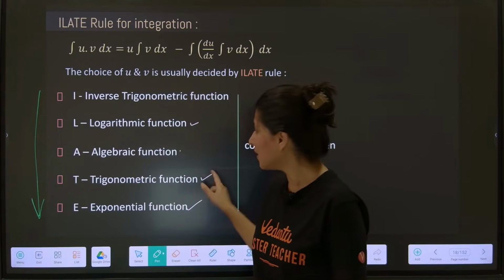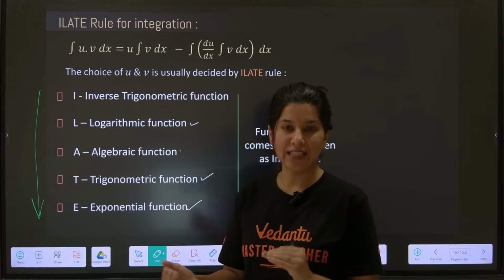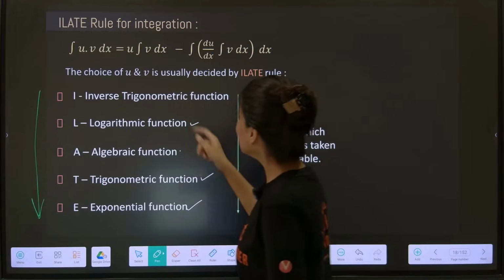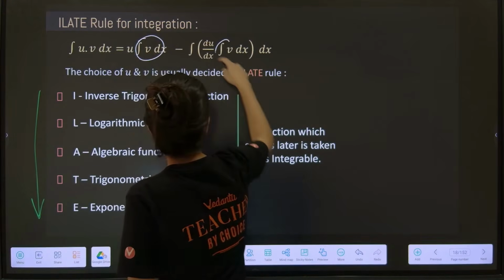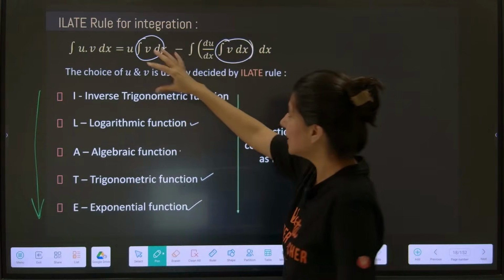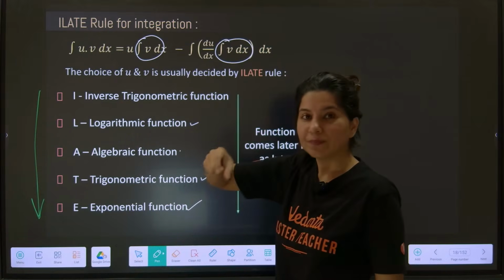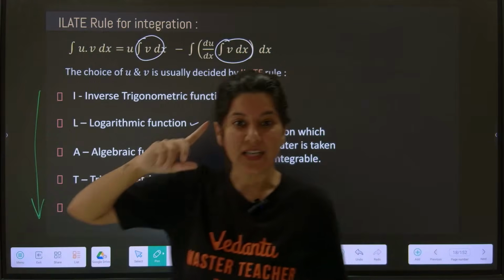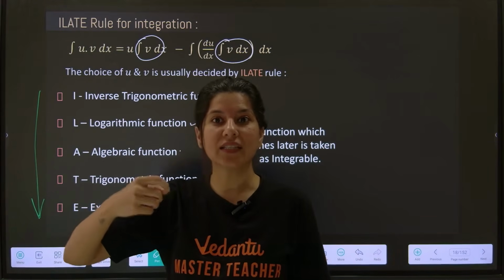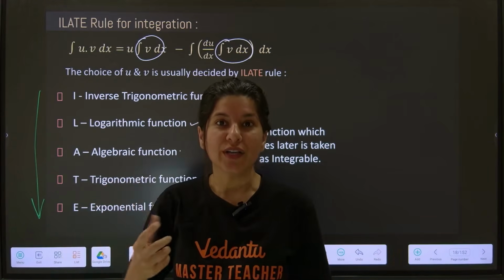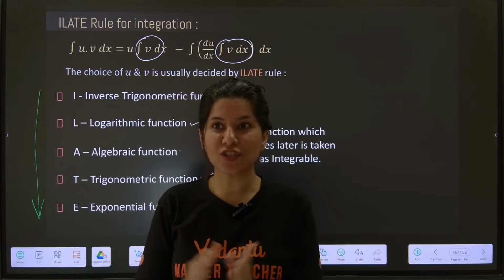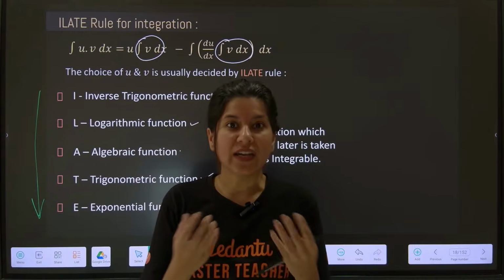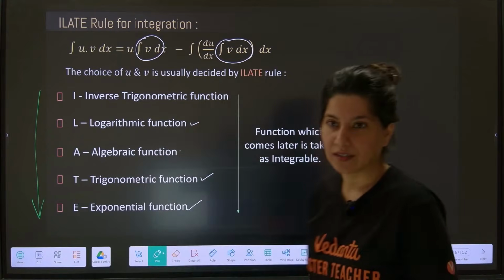We do have formulas for normal trigonometric functions like sin x, cos x. So in this formula we need to integrate the second function. Think about it this way also, that the second function should be integrable and the first function is something which we find difficulty in integrating.